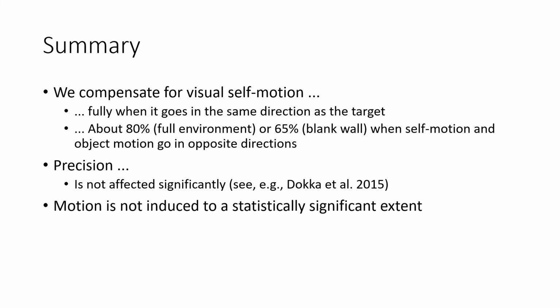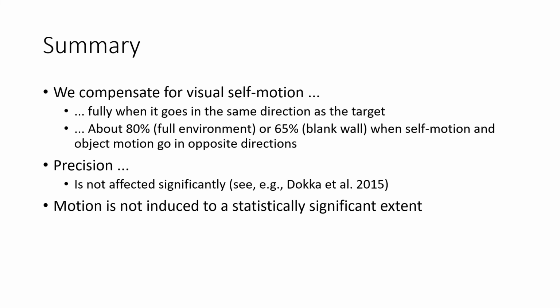So overall, to give you a summary of our findings, we found that in our experiment, participants compensated on average fully for self-motion when they moved in the same direction as the target, and, depending on the environment, to a larger or a smaller extent when they moved visually in the opposite direction of the target. And a potential reason for that might be that in the same direction condition, the target ball was much more centered in front of the participant for a larger portion of the trajectory.